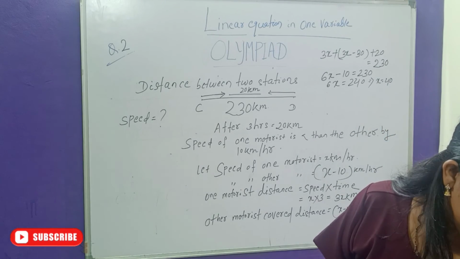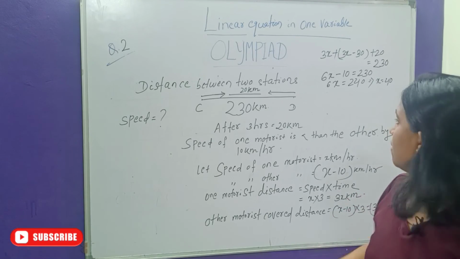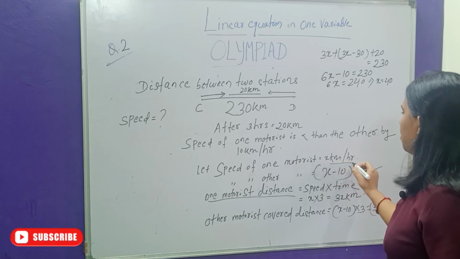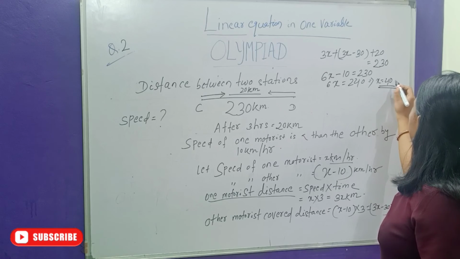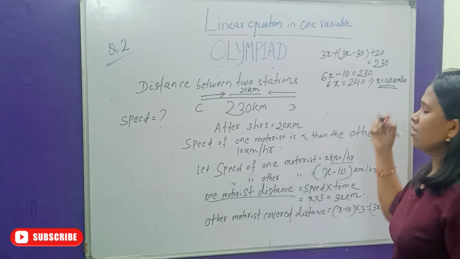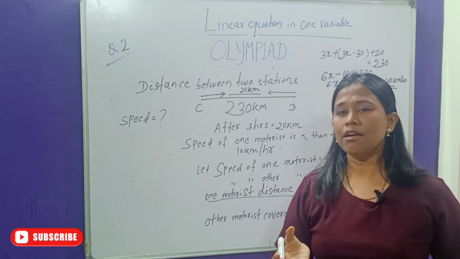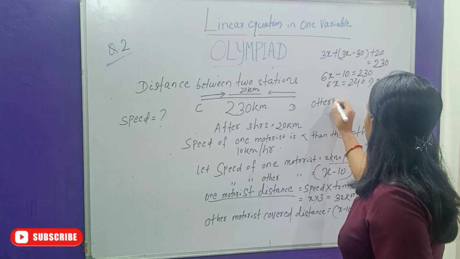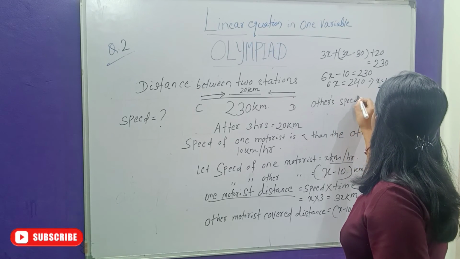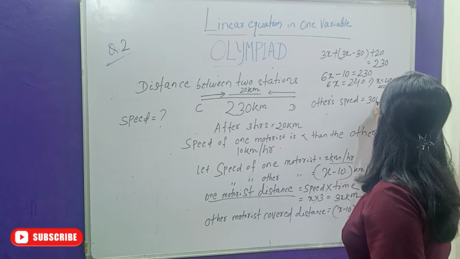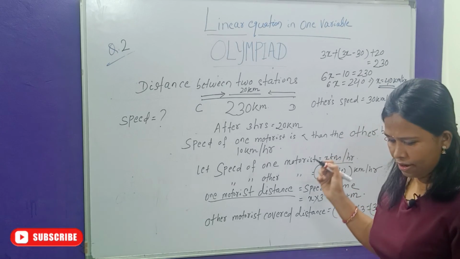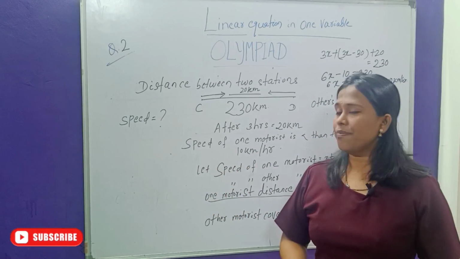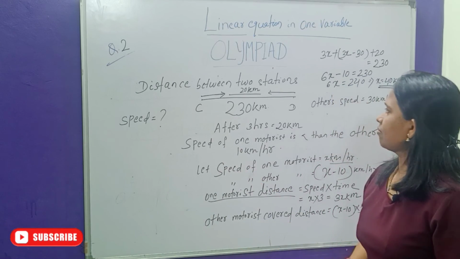So the speed of the first motorist, x, is 40 kilometers per hour, and the speed of the other, 10 less, is 40 minus 10, which is 30 kilometers per hour. We already derived this, so I think this is clear.